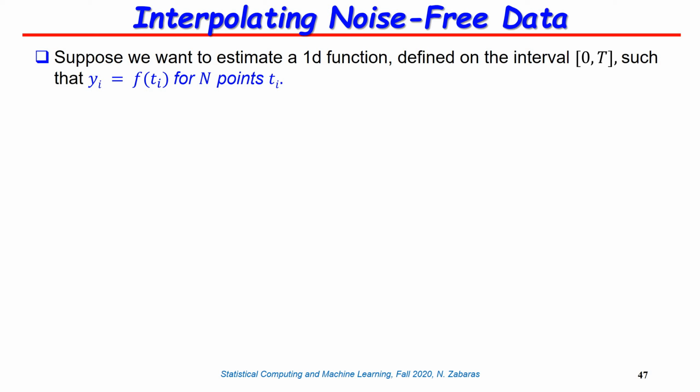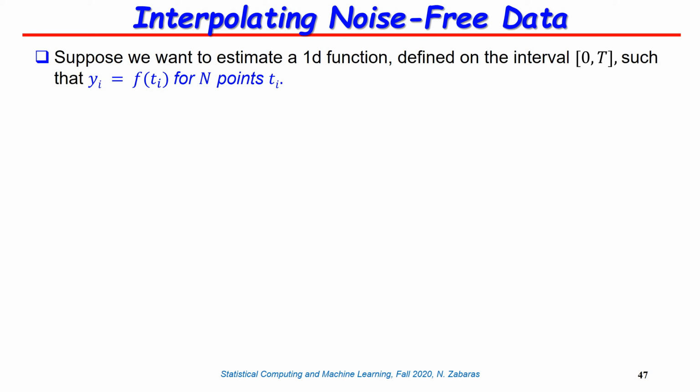So effectively, if you know the values of the function f at some points, for the noise-free case, we need to interpolate between these points and figure out what the values are at the remaining discretization points.